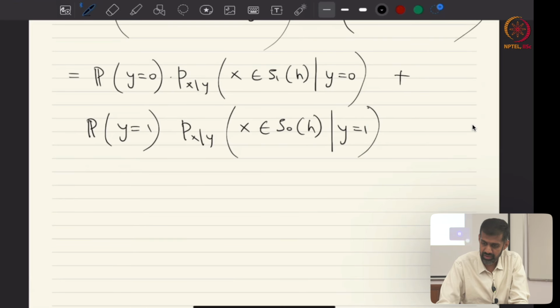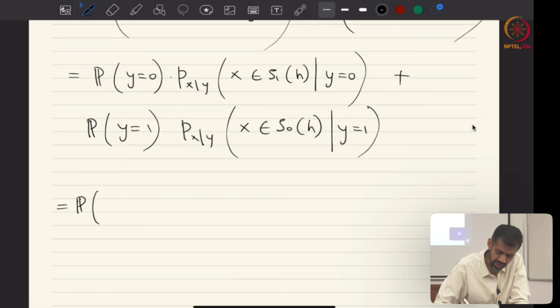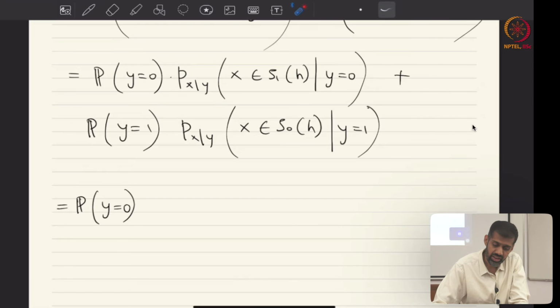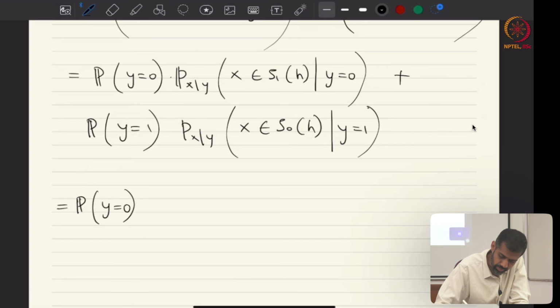I will be writing this. So now this is equal to the probability of y equal to 0. See, we have taken x to be in R^D as a continuous random variable, right? So actually this is not equal, I will have to write p because this is a probability that I am looking at.